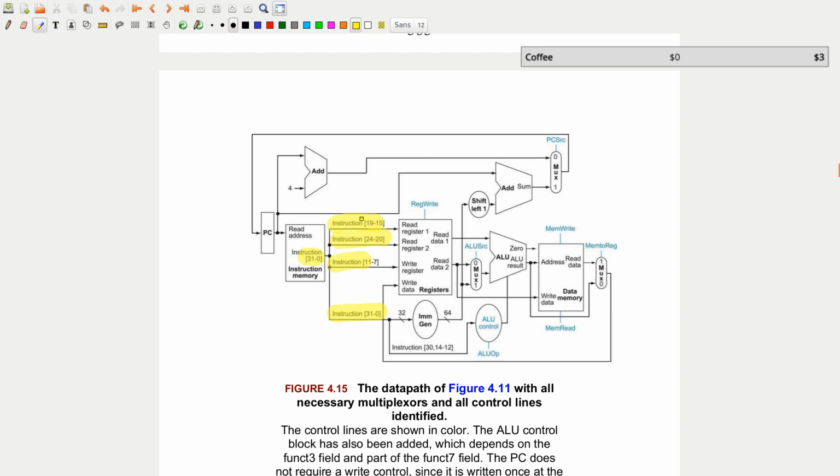But we split off different parts of the instruction for addressing the different registers. So we already said that register 1 is always going to be bits 19 to 15. Register 2 is always going to be bits 24 to 20. And this register 3 is always going to be bits 11 to 7. So we've just added which bits we're using from the instruction for each of these things.